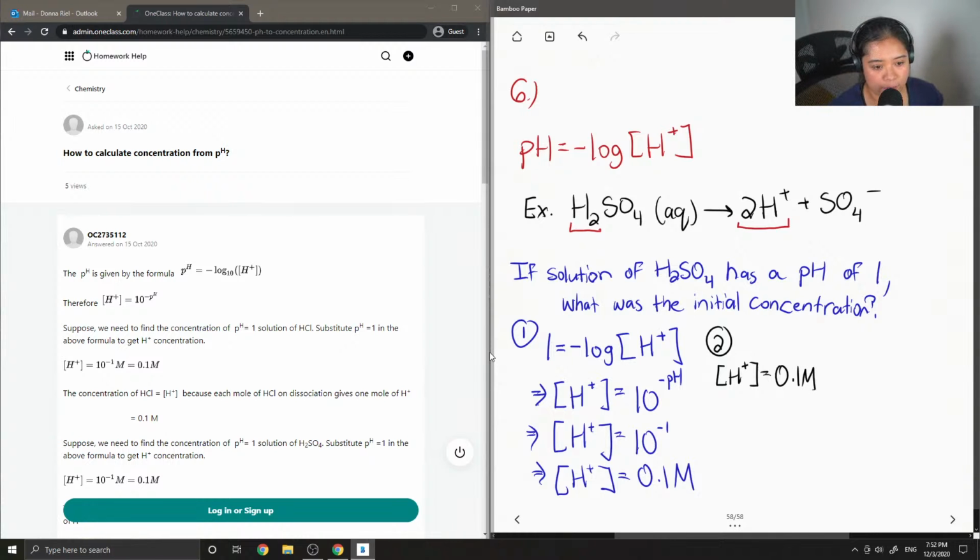So this is why it's important to balance your chemical reaction, because we can recall that 1 mole of H2SO4 produced 2 moles of H+.